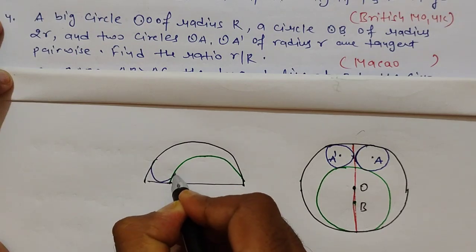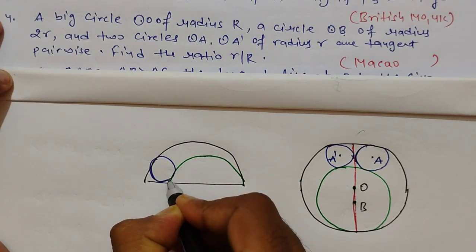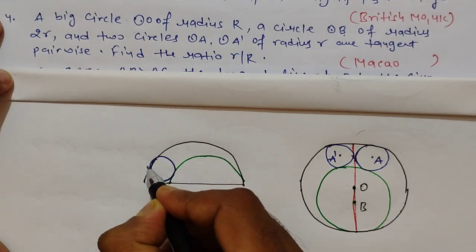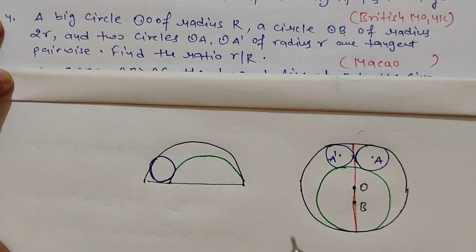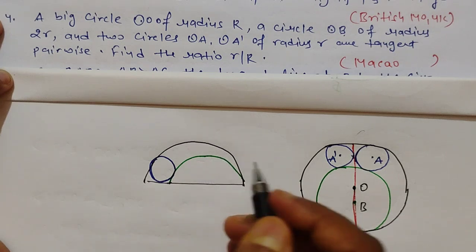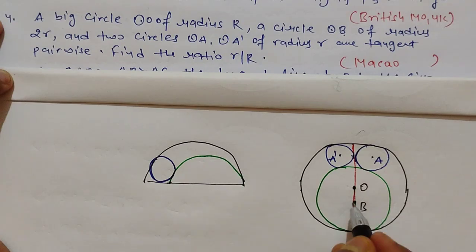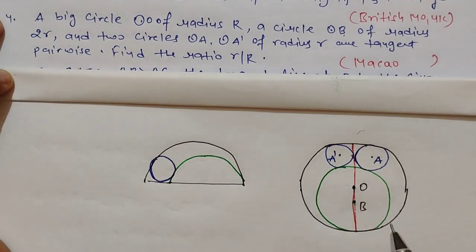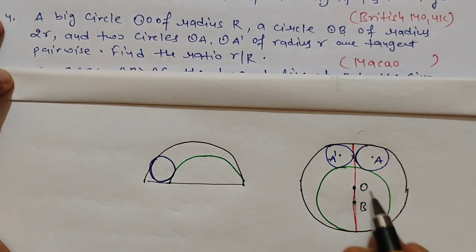As in this part, now we have the point accordingly. You can see we are taking the same point according to the diagram here.